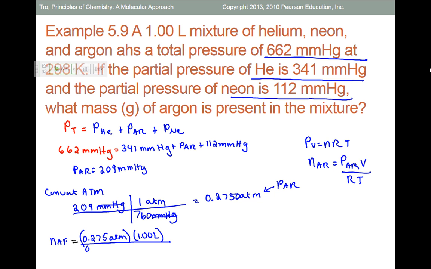Our R doesn't change. And our temperature is not going to change either. And that's already in Kelvin. So when we do that calculation, we find our moles.